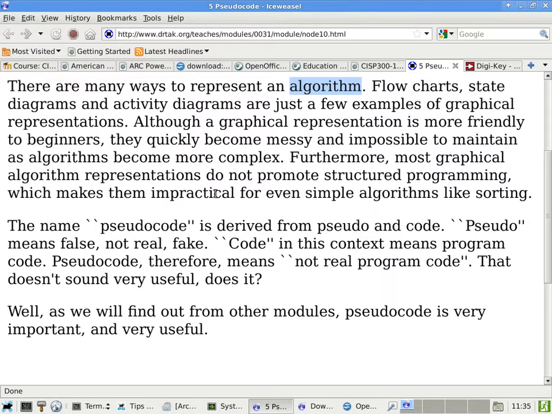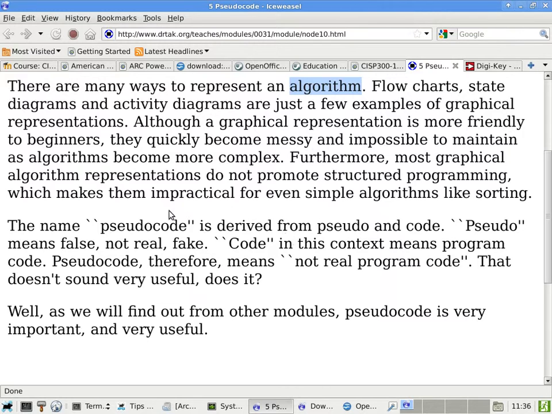It is difficult to do any type of editing because if you want to add one additional step, you have to move a lot of stuff around in order to make space for that one additional thing that you're adding. The more complex your flowchart is, the more difficult it is to change, to edit, to update, to revise it. So these are the two reasons why we do not like flowcharts.